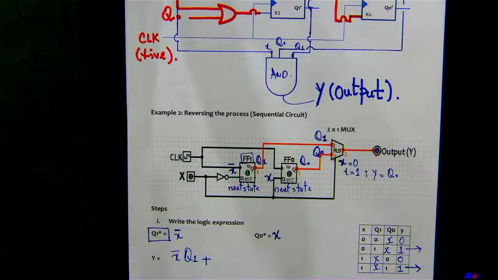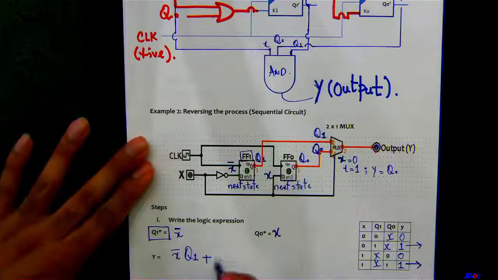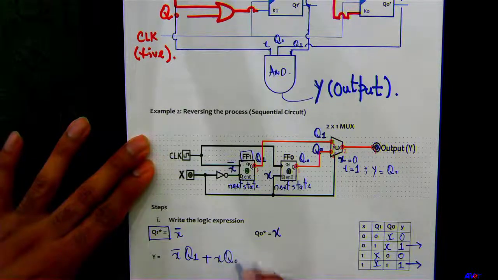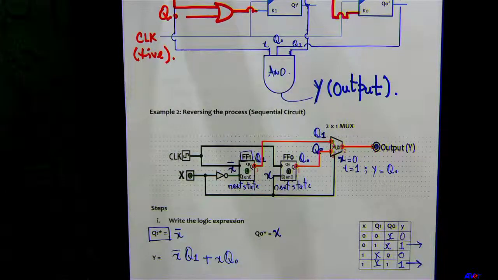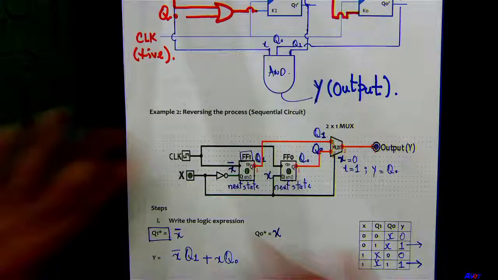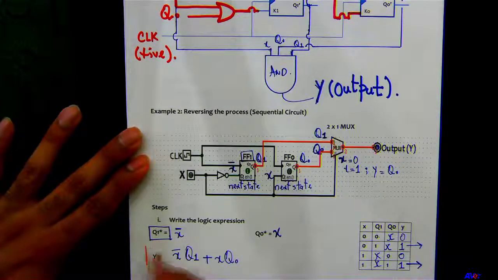This will be X Q naught. Why are we not including these don't cares? Because this is a mux. Only one input will go to the output, not two. Okay, so we have these expressions. This is for the Y.